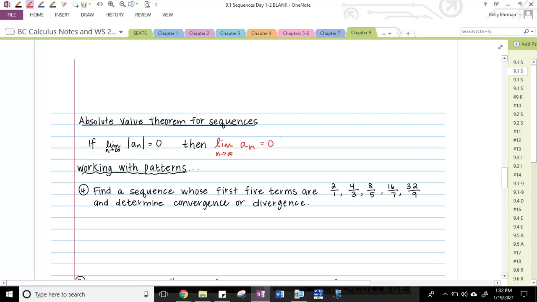What is this used for? This is mostly used if I have terms that alternate. So maybe I have one of those -1 to the n sequences and it starts out positive and then it goes negative. But as I go on, the positives and negatives get closer and closer to 0. So visually I can see that, yeah, this is converging and approaching 0.